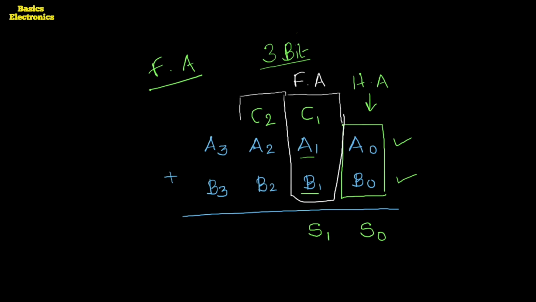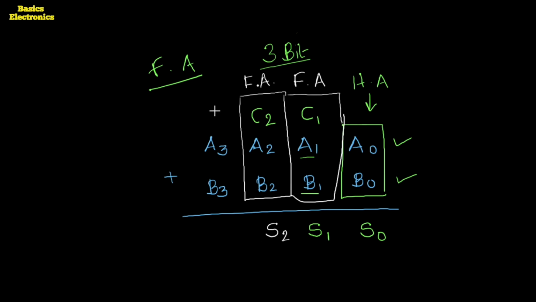In this column once again we have three binary bits: C2, A2 and B2. Again we use one full adder, which performs the addition of A2, B2 and C2 and produces the output S2.